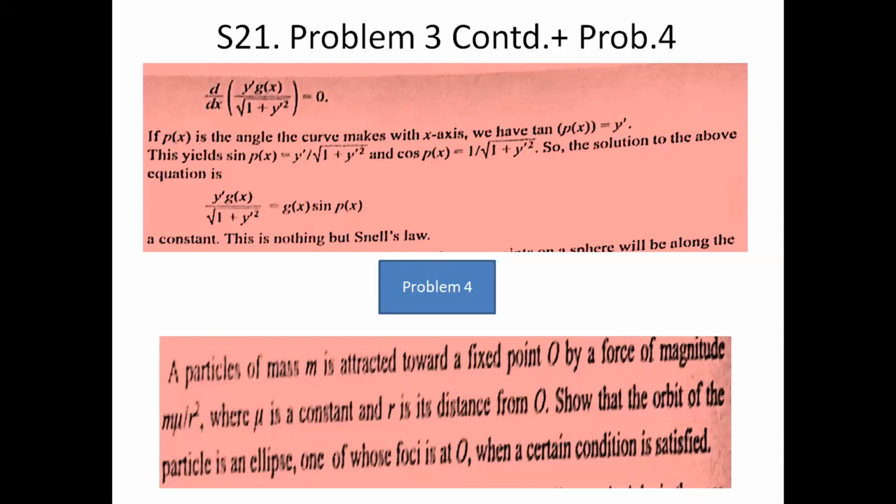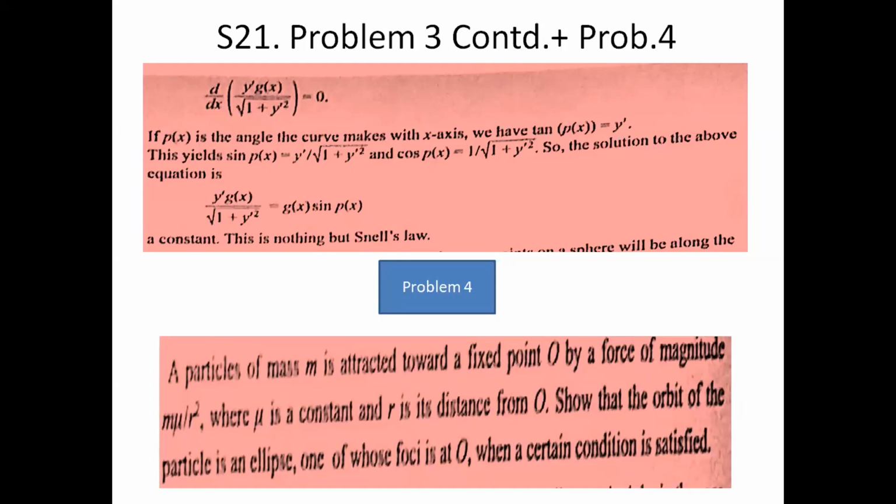Our gravity is a central force. So a planet moving under gravity with the sun at one of the foci could be taken as an example, and I want to show that the orbit of the particle is an ellipse.